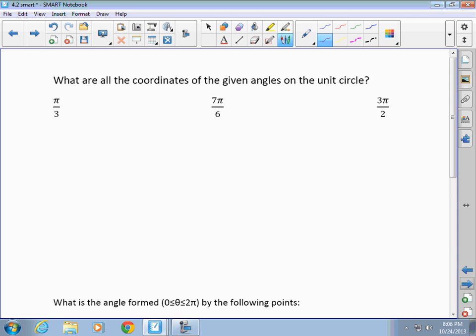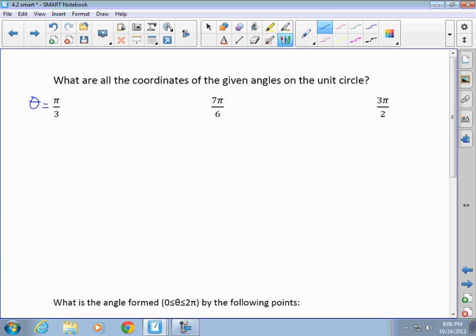So the next example says, what are all the coordinates of the given angles on the unit circle? So if our theta in this case is equal to pi over 3, and then these ones, you can turn them into degrees if it helps you, but you should always use whatever is the units that they use in your final answer.